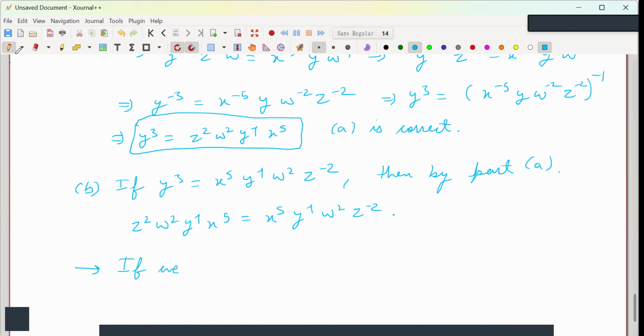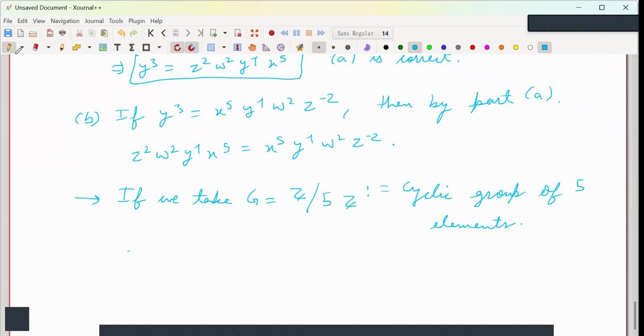If we take G to be Z mod 5Z, cyclic group of, I hope you know this, cyclic group of 5 elements, and take any element which is of order 5.